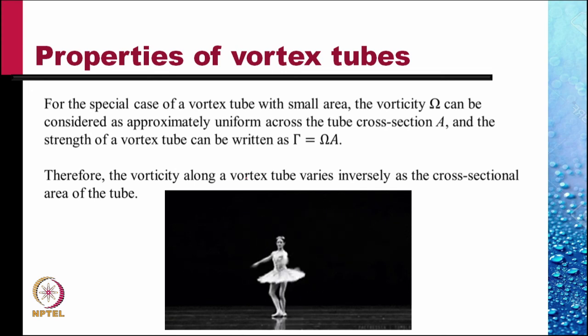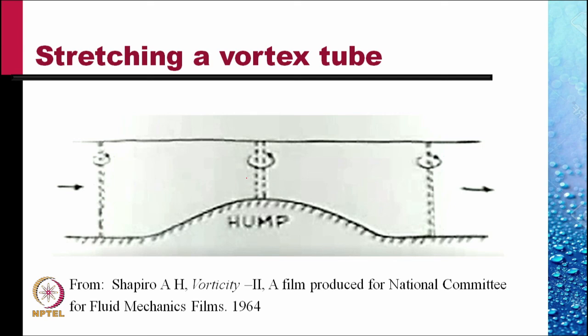That's exactly how the vorticity along a stream tube increases. This has been illustrated very nicely by Professor Shapiro of MIT in a movie, Vorticity 2, produced by him for the National Committee for Fluid Mechanics Films in 1964.